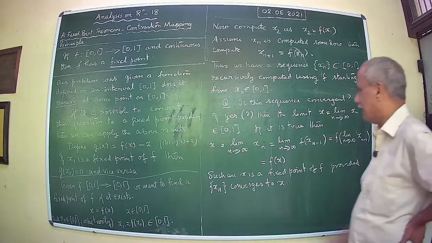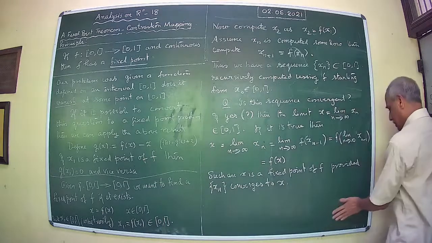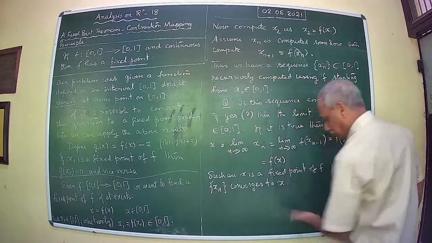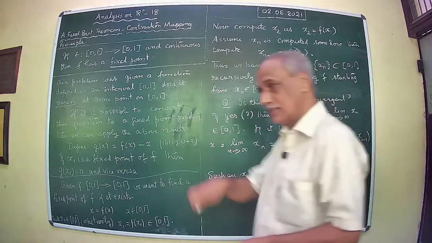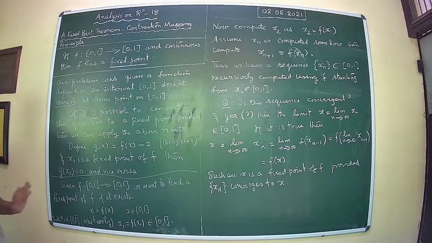So that is something very interesting. We have a way of finding it out, but there is a catch. You don't know whether the sequence is convergent or not. There are problems there, so let me just leave it there.